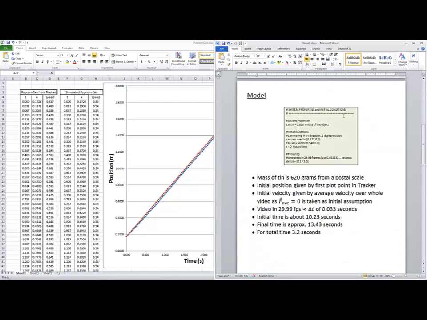My model, I started out, I weighed the mass of my tin on a postal scale I have, and it was 620 grams exactly. At least that's what the scale said. So that's 0.620 kilograms, although the mass doesn't come into play for these calculations.